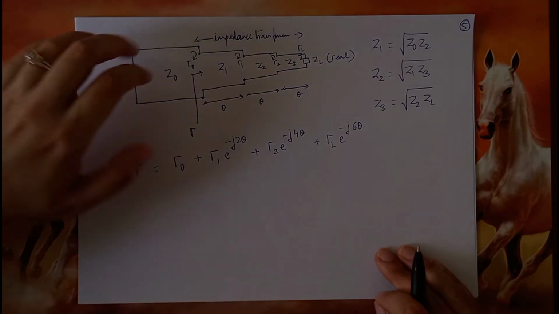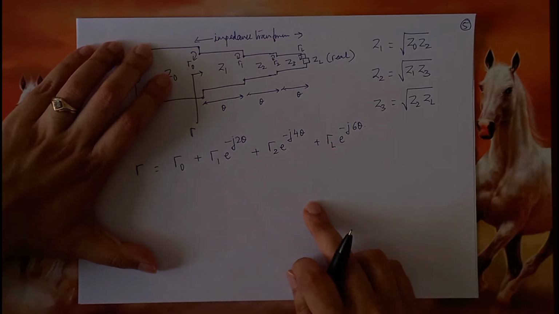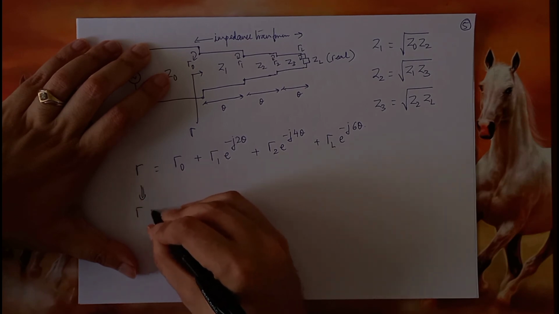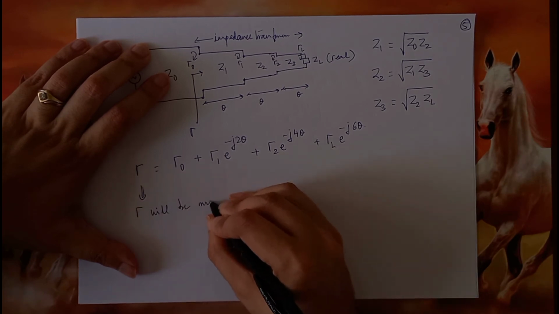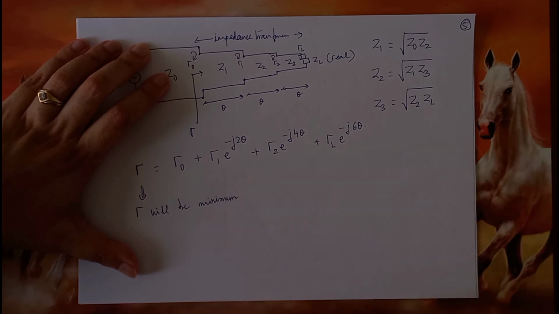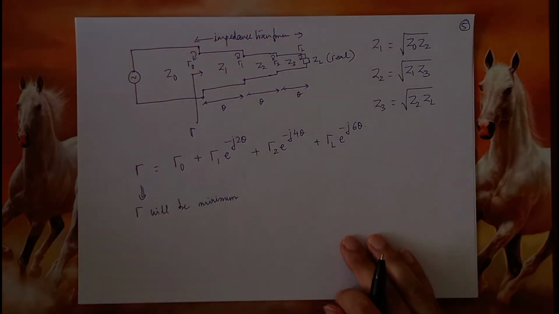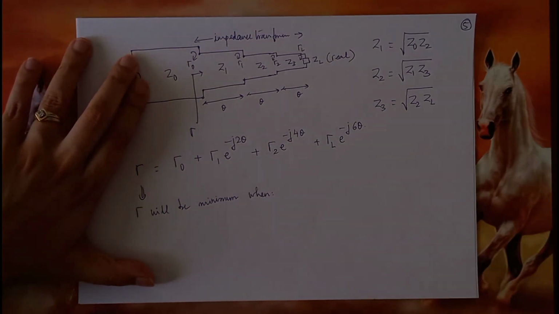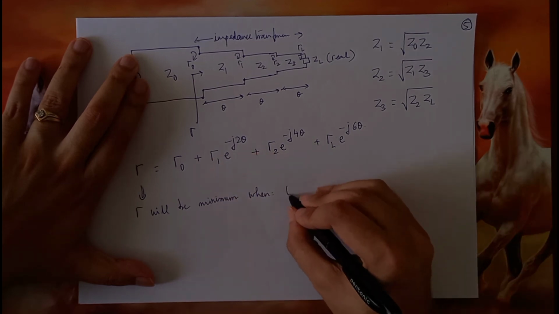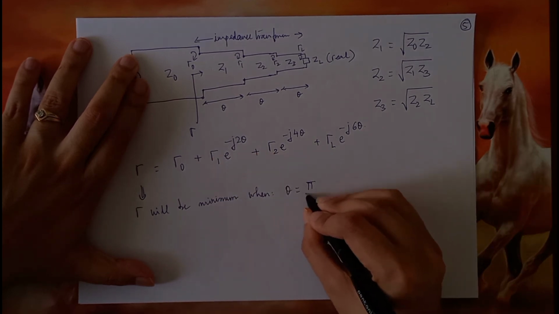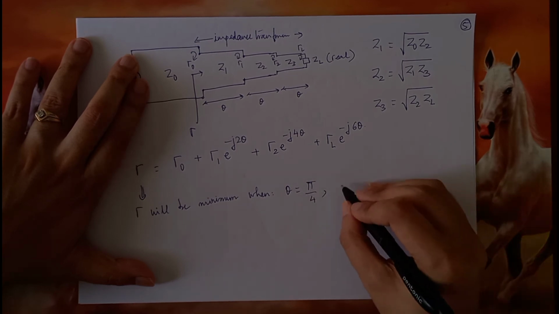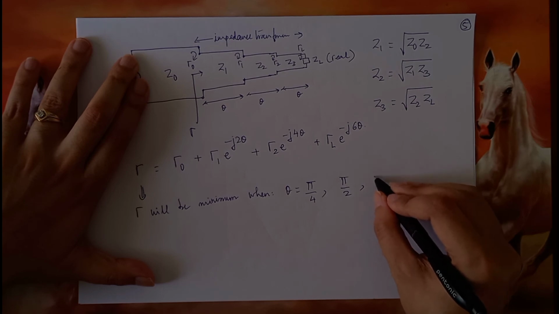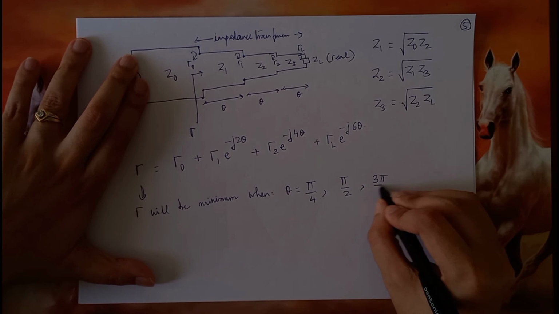So I can say, this is a little bit easier to calculate. You can prove that gamma will be minimum when, now in this case you will find three solutions. First is when theta is equal to pi by 4, next at pi by 2, and next at 3 pi by 4.